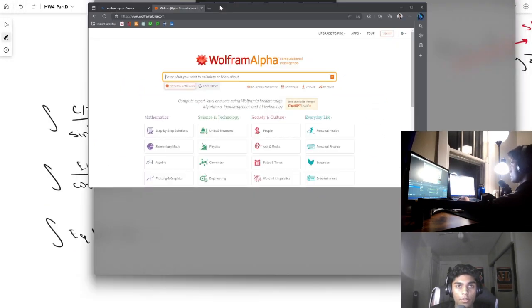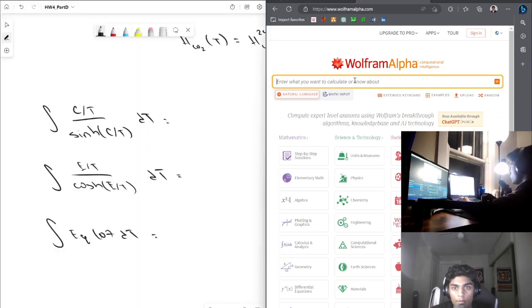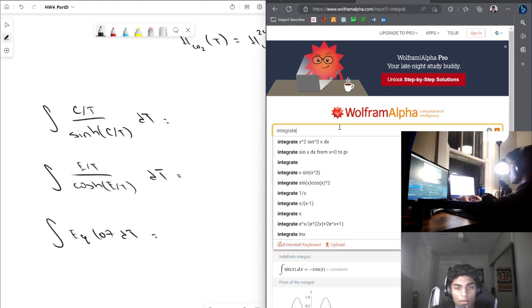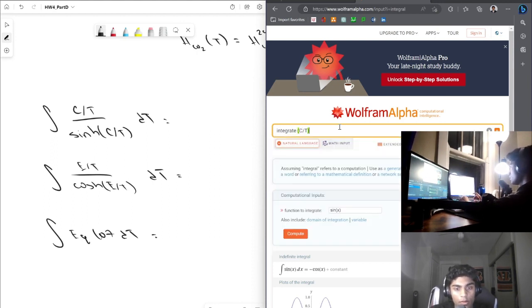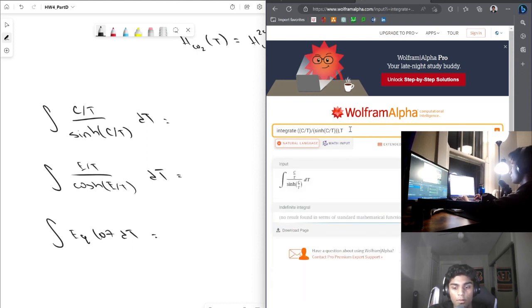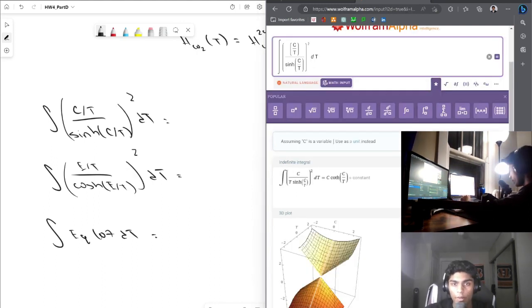So we want to integrate, first, c over t over sine hyperbolic c over t, put a big old bracket over all that, with respect to t. Okay, I have it now.